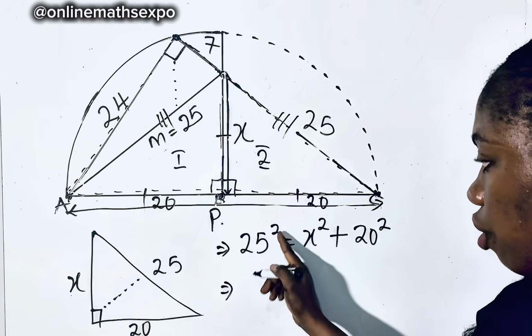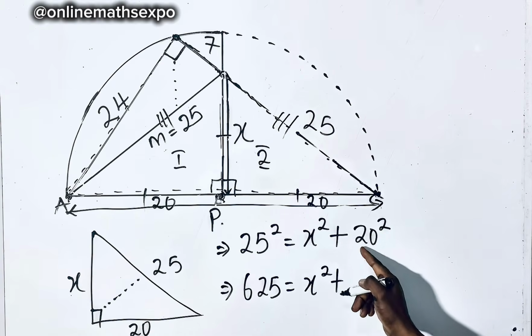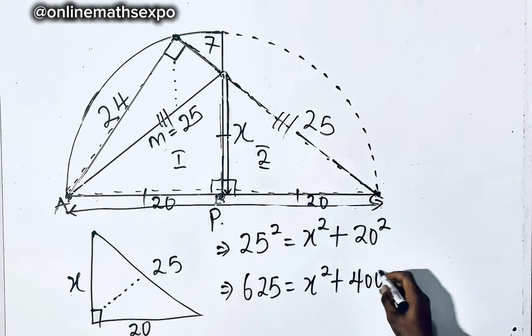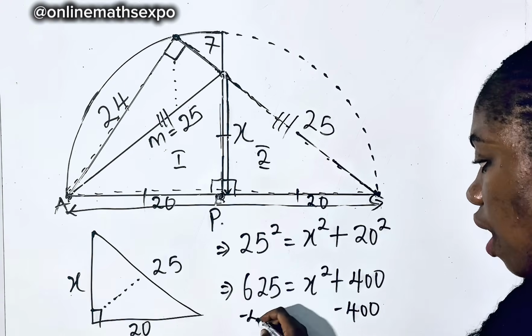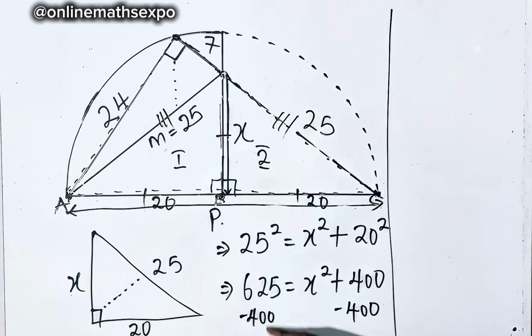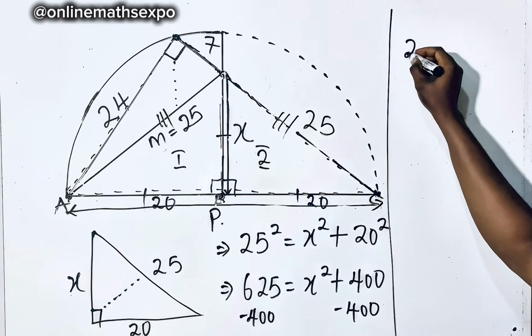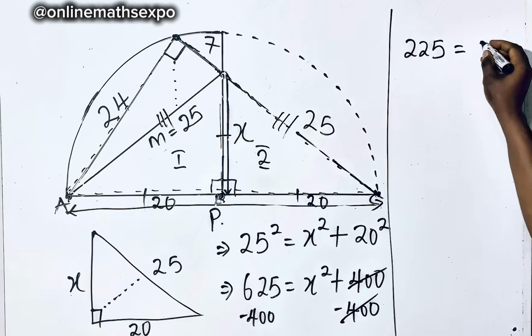Keep solving. This will give us 625 is equal to x squared plus 400. So what do we do next? You subtract 400 from both sides. And when you do that, subtracting this gives you 225 is equal to x squared.